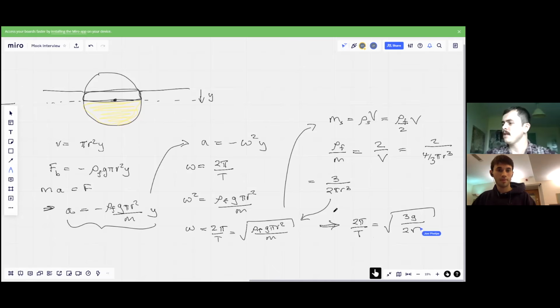Very nice. We noticed that at one point we had to make the assumption that the displacement was small. We've made another key assumption in solving this problem. Can you think about one of the things we assumed when we had this original condition that the density of the sphere and the density of the fluid would be in ratio 1 to 2?